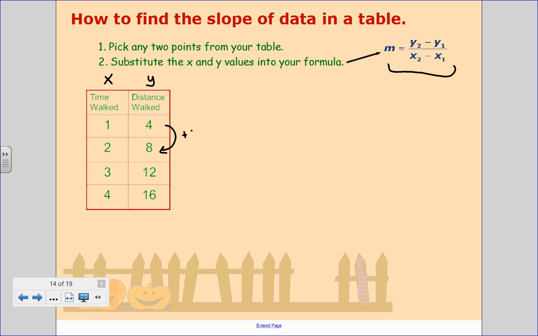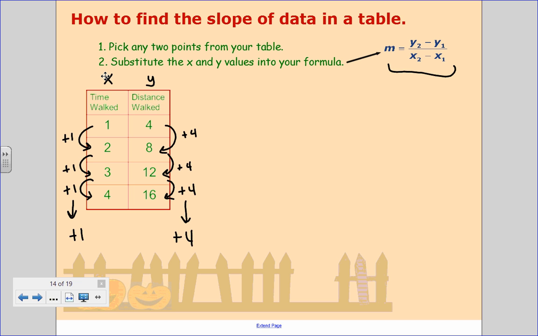So here we're going up 4 each time, and we do want to make sure it remains consistent. If it's not a consistent change, then we can't find the slope. But here, let's see, here we're going up 1. We do notice that the change in y's remains the same at plus 4 each time, and the change in x's remains the same at plus 1 each time.